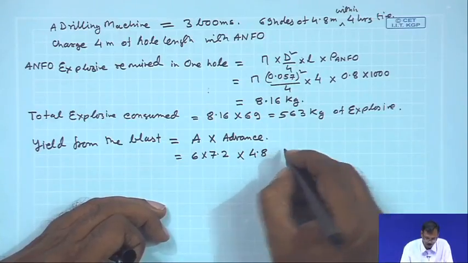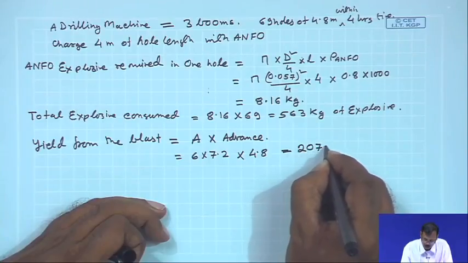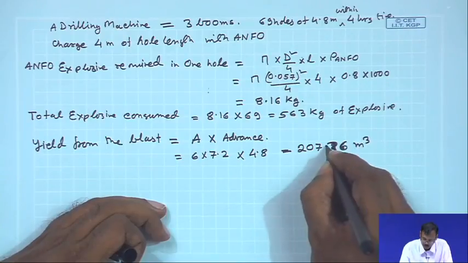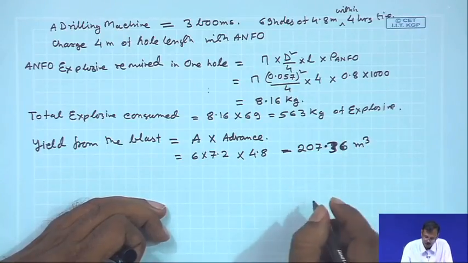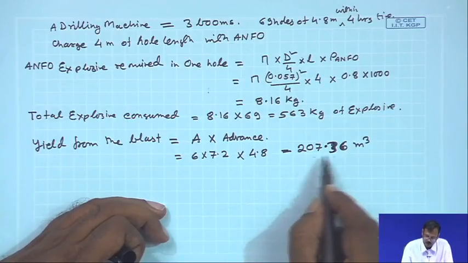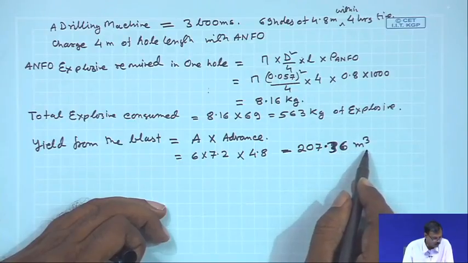So, the total rock broken is, if we multiply these two, 207.36 meter cube of rock.